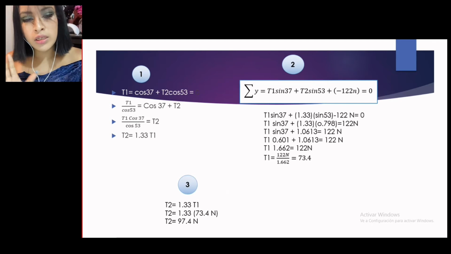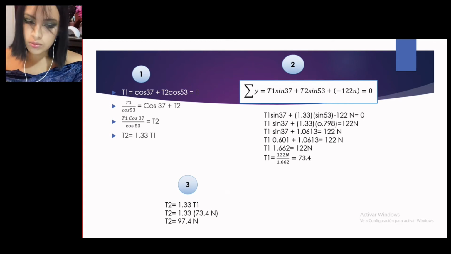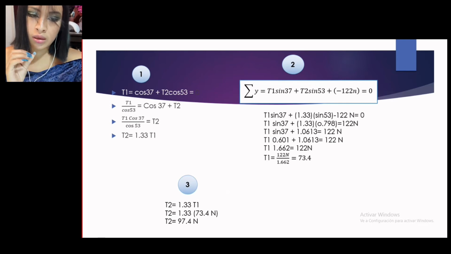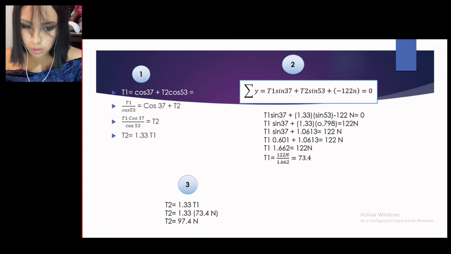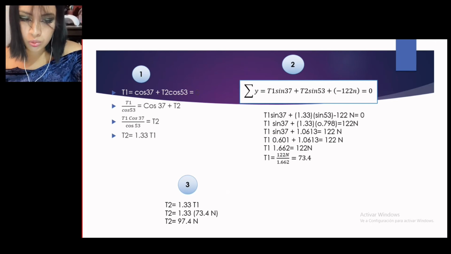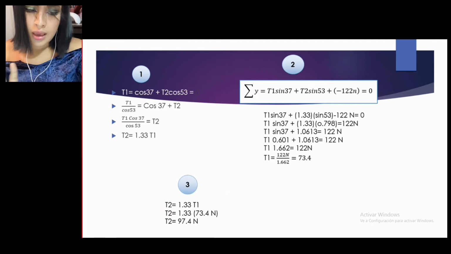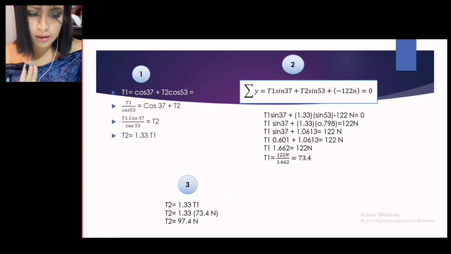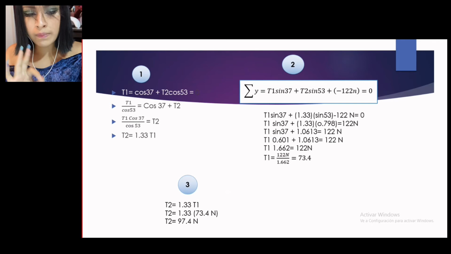Cosine 53 is multiplying T2, and we pass it over, and we pass cosine 37, and we do the operation, and the result is 1.33 T1.